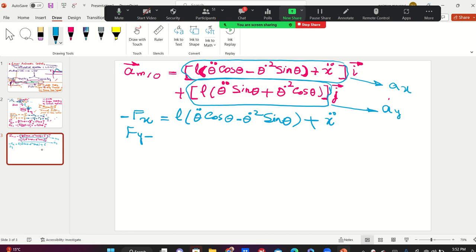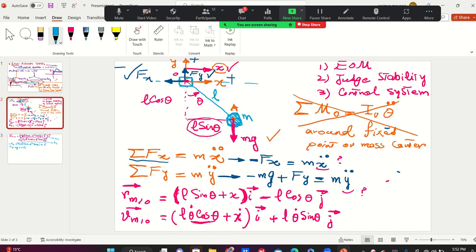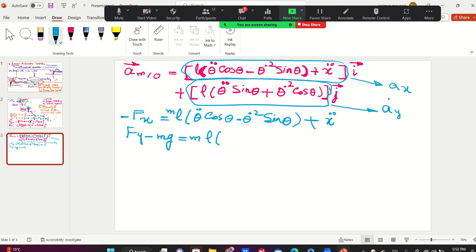Fy minus mg, second equation is, and you have an m here, guys: m x double dot, m y double dot, m l theta double dot sine theta plus theta dot square cosine theta. I'm saying equation number 1, equation number 2.